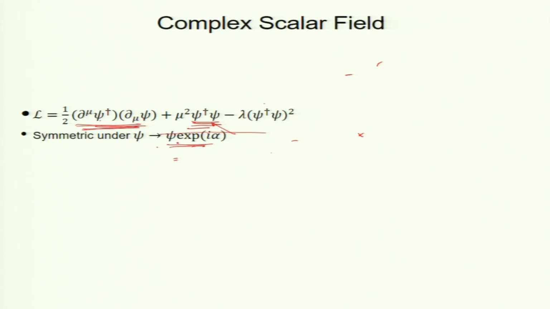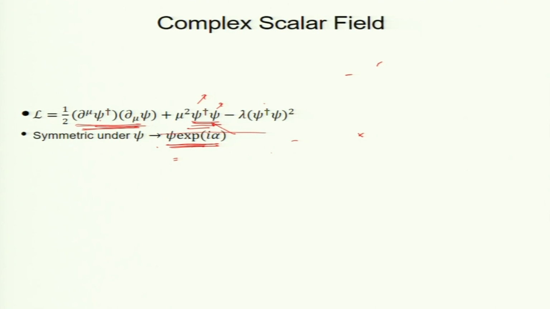This Lagrangian is symmetric under this transformation, but alpha is a number. You can see that psi dagger will get e to the minus i alpha and psi gets e to the i alpha, and they will cancel. If you rotate all the fields by an angle, it is a global transformation, and that is symmetric.